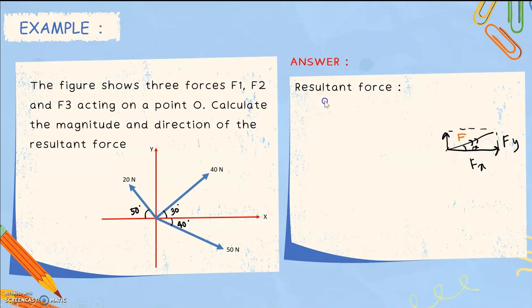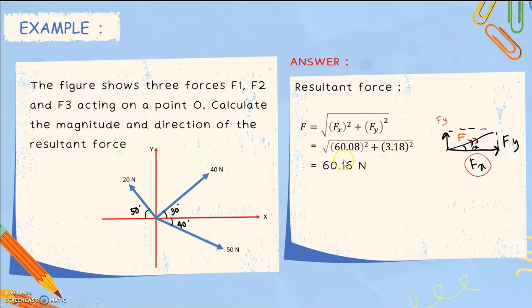So we have the x component and the y component. We can write these Fx and Fy components to get the resultant force. To find the magnitude of the resultant force, we can use the Pythagoras theorem.